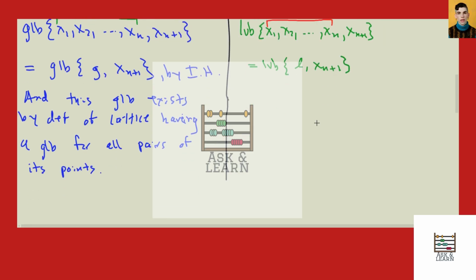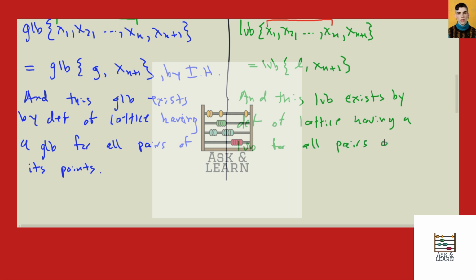And again, this least upper bound exists by definition of lattice having a least upper bound for all pairs of its points. All right, so we proved both of that.